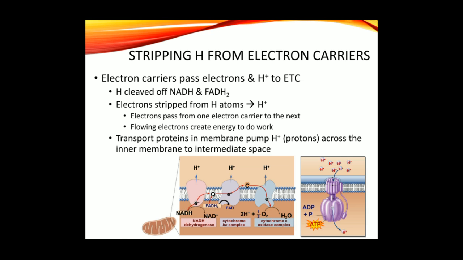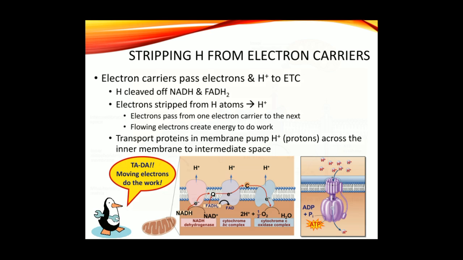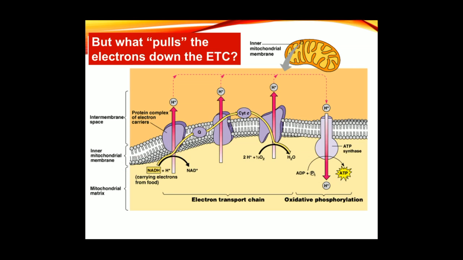Now let's see what pulls the electrons down the ETC. As you can see, the electron is being shifted from complex 1 to complex 2, complex 3, complex 4, and finally converted into H2O here. So the main component acting here is the oxygen molecule.